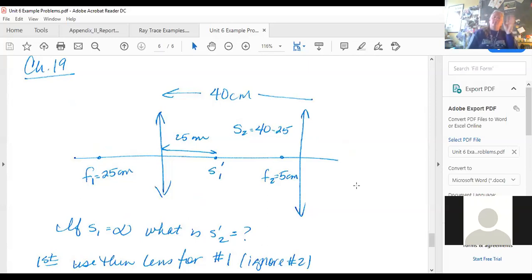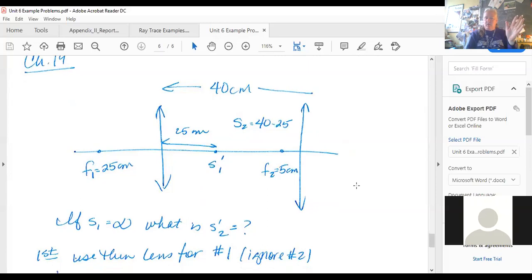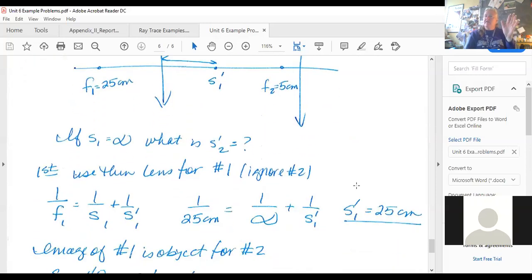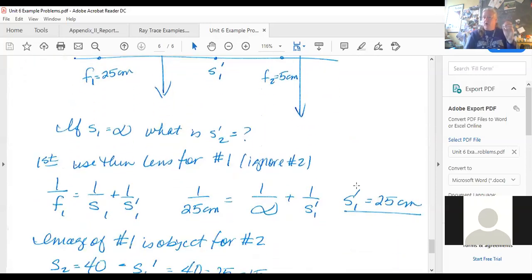Okay, so I'm going to ignore the second lens to start with and do the math for the first lens, using the thin lens equation. They told me an object infinitely far away, like we're looking at a star, so its object distance is essentially infinite.